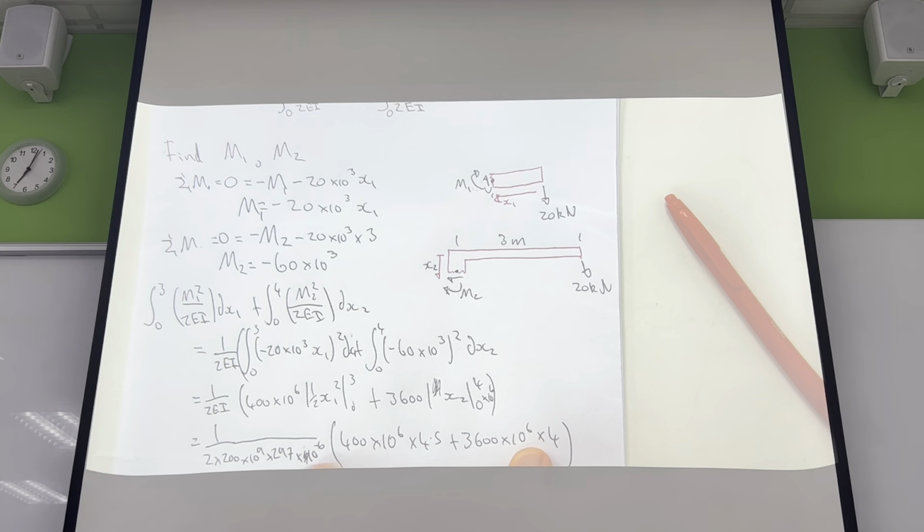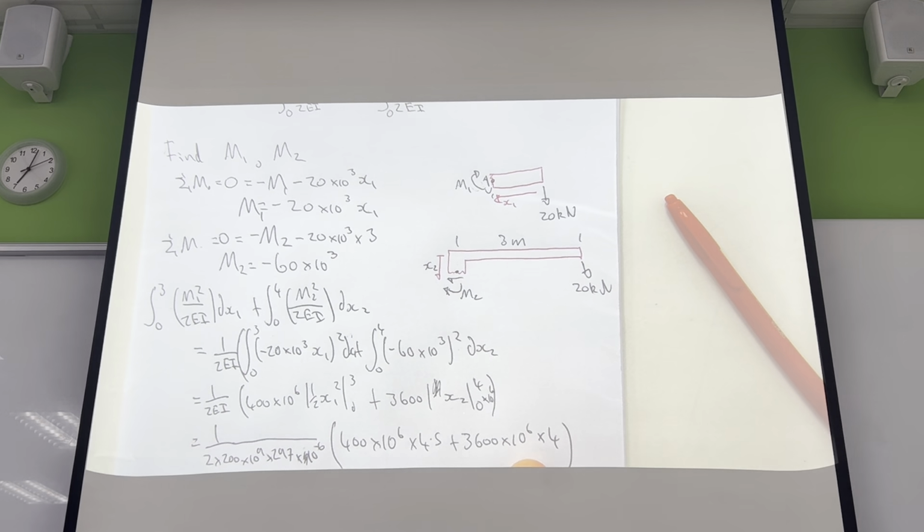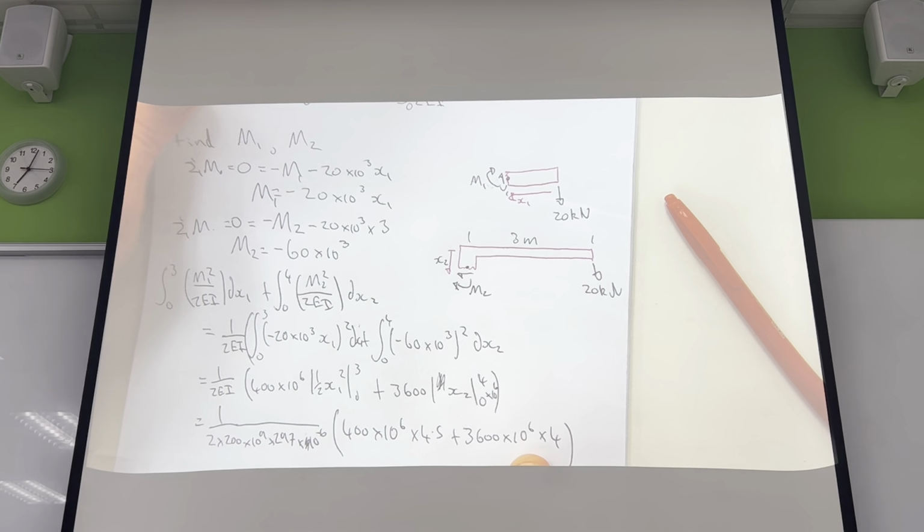That 10 to 6 cancels that 10 to 6. Just makes it easy for you as well. I had a number, but I don't necessarily trust it, so we'll just take that off the next one.